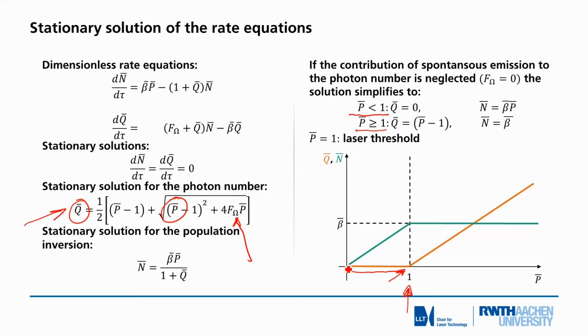However, the population inversion will increase linearly with the increase of the pump rate. At the laser threshold, the population inversion, here in green, will go into saturation, and with this effect the creation of photons by stimulated emission will start, and it will increase in this very simple model of rate equations linearly with the increase in pump power.